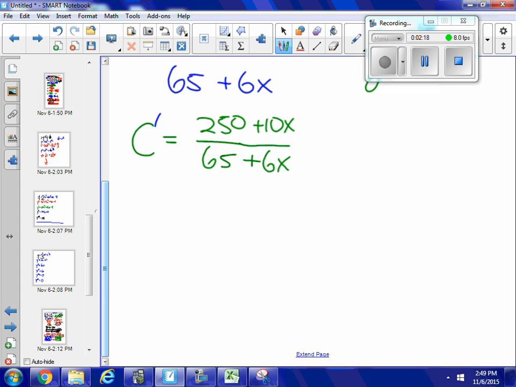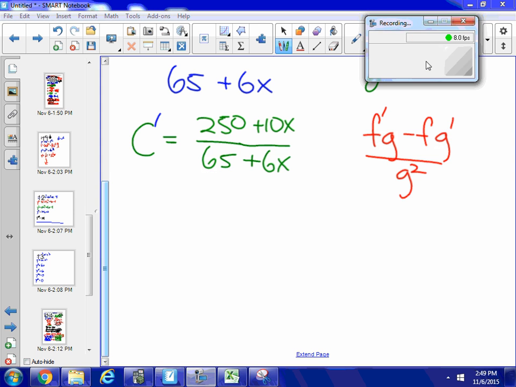I have a quotient here as well as some sums. And I remember that for quotients, it's f prime g minus f g prime, over g squared.